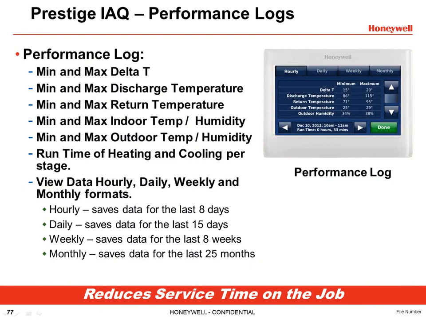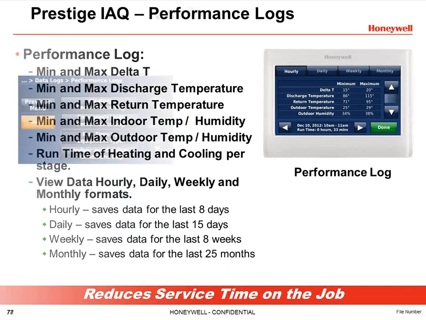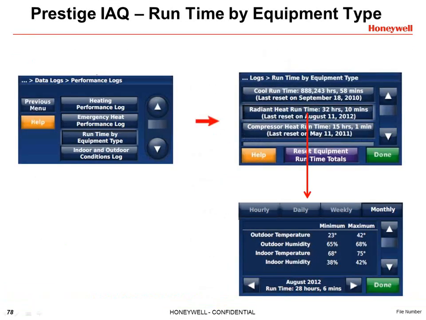Plus, if this is hooked up to the Redlink Internet Gateway, you can get this information online before you go out there. And then it's going to save some of the information based on your settings. So a lot of runtime equipment.